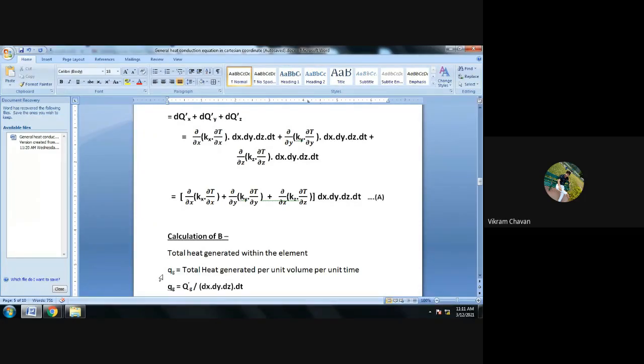We are going to consider one parameter, that is small q suffix g, which is equal to the total heat generated per unit volume per unit time. Write down once again. You can write down with me.